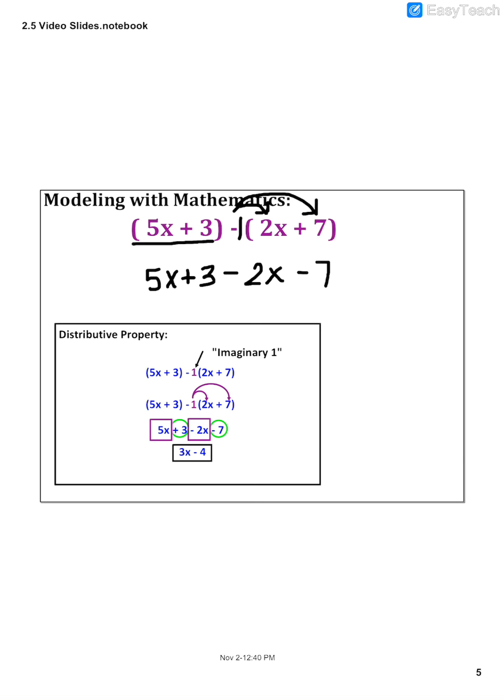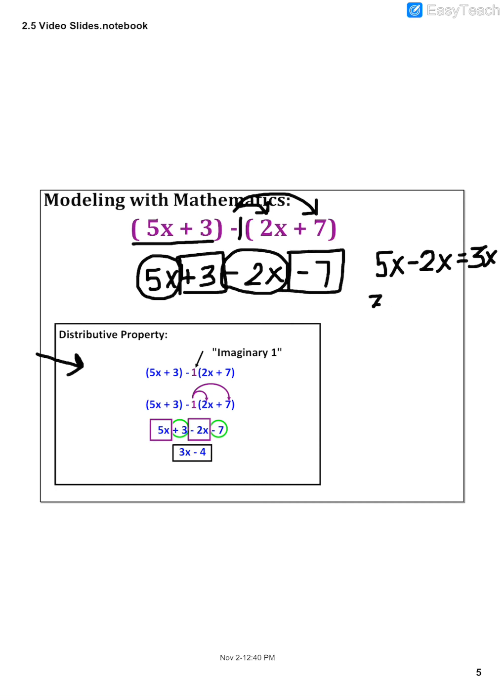I'm going to combine like terms, and you can see this all down here as well. On the side, I write 5x minus 2x, which is equal to 3x. And then I use a different shape for the other set of like terms, 3 minus 7.